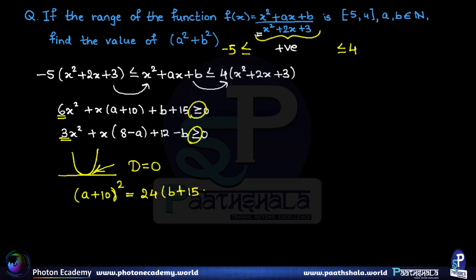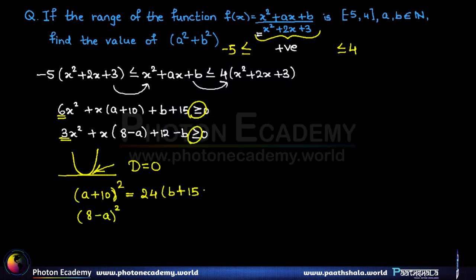And in the next equation we have (8 minus a) square is equal to 12(12 minus b).